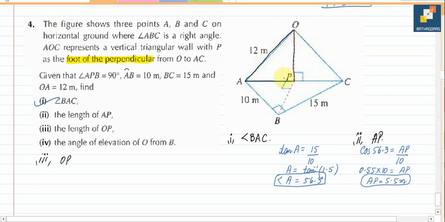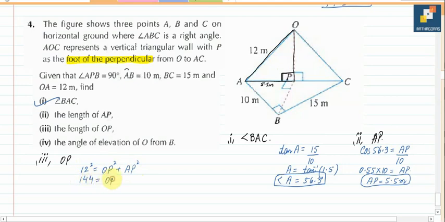If this angle is 90, it means that this angle is also 90, and we have the value of AP, that is 5.5 meters. So we can easily find the value of OP by using Pythagoras. So it will be 12 squared is equal to OP squared plus AP squared. Now 12 squared is 144.